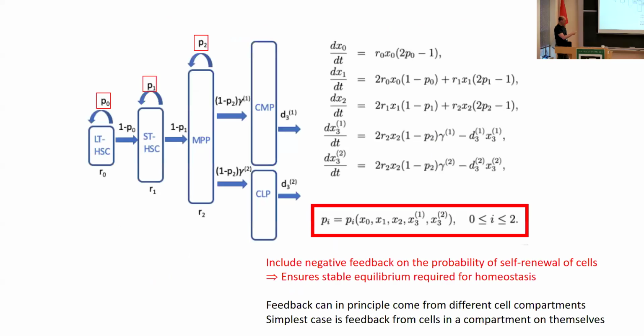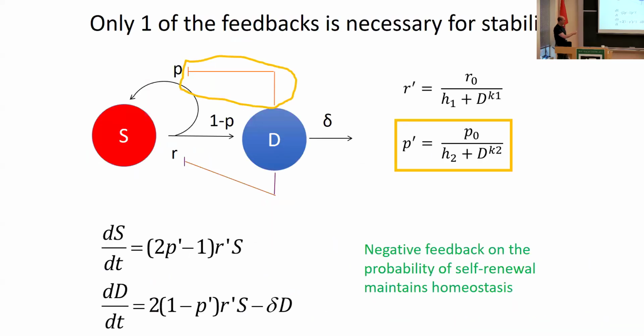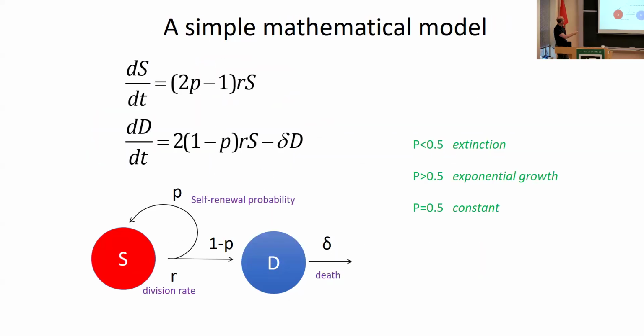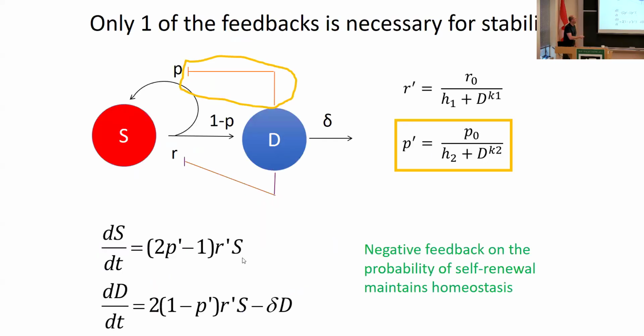dynamics. Basically, let me go back here. The stem cells divide with a given rate. Upon division, that division can be either self-renewal with a probability p, or differentiating with a probability 1 minus p, and the differentiated cells die with a rate d.